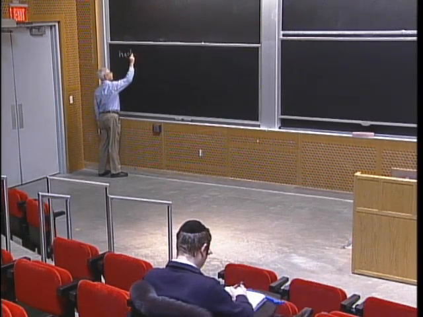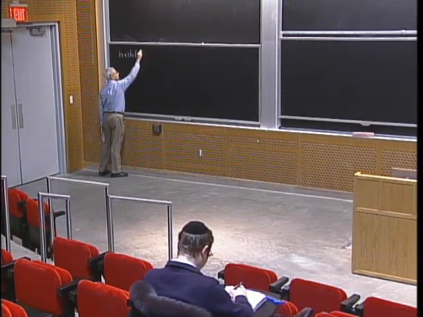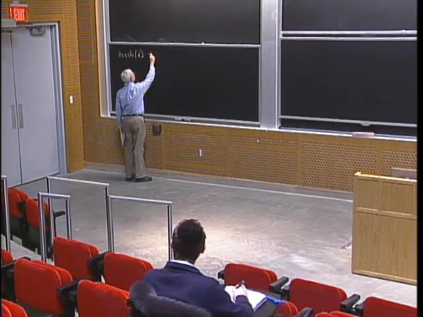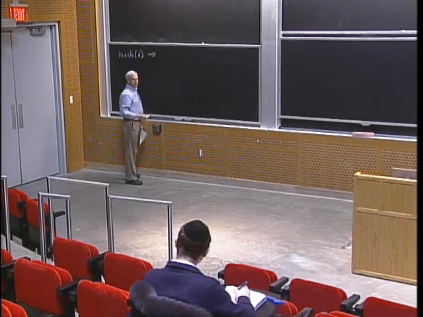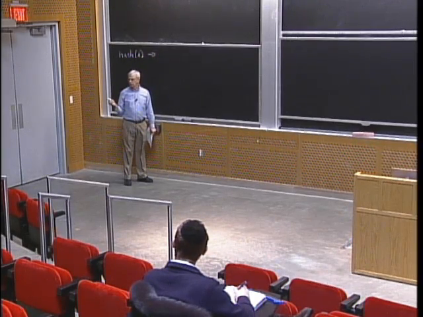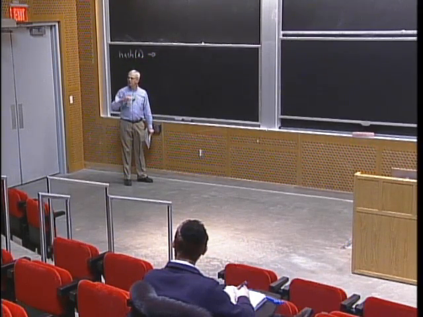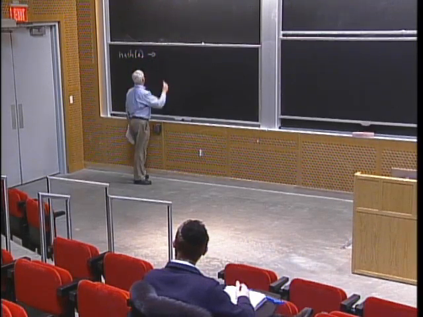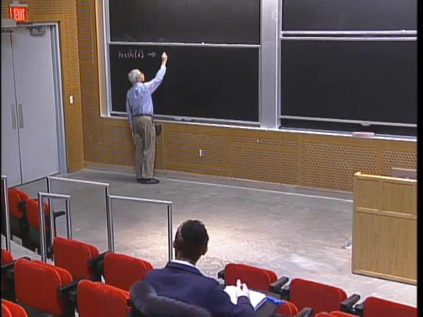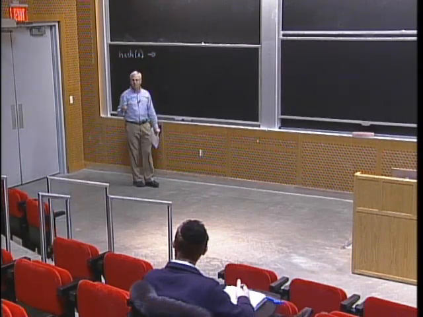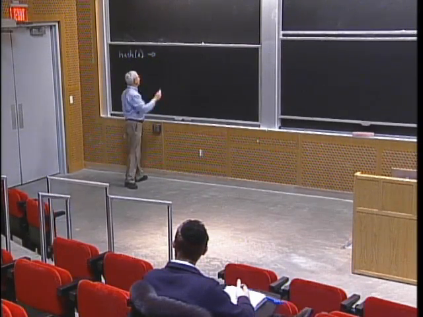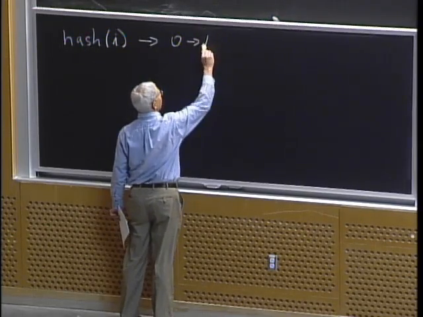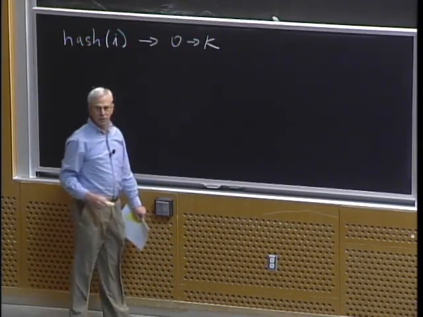And I'll tell you what that means in a minute. And what a hash function does is it converts I to a different integer, perhaps, in some range. So it converts I to some integer in the range 0 to k for some constant k.